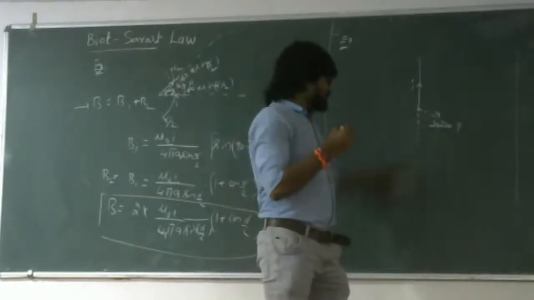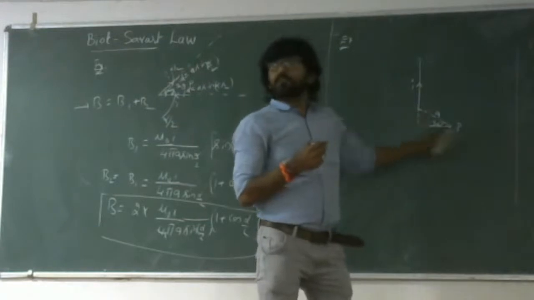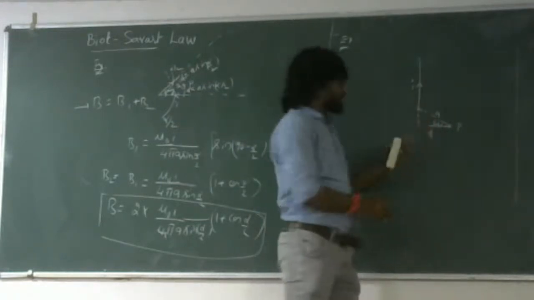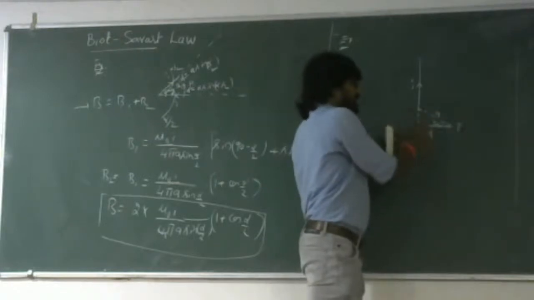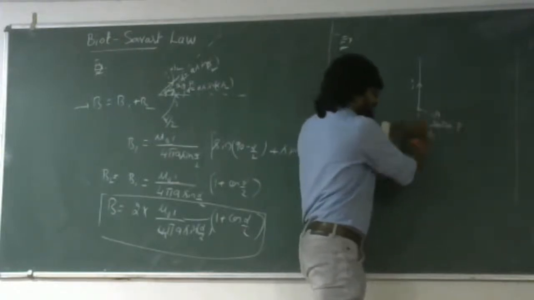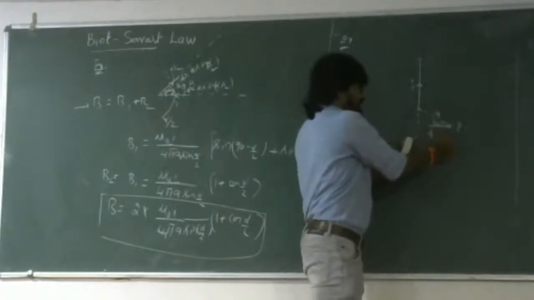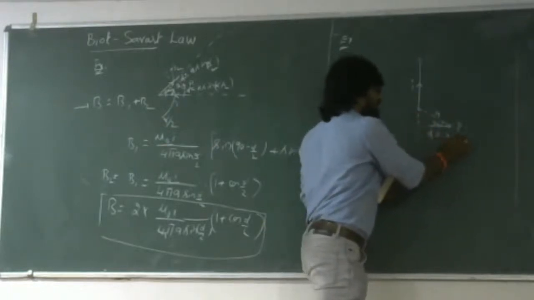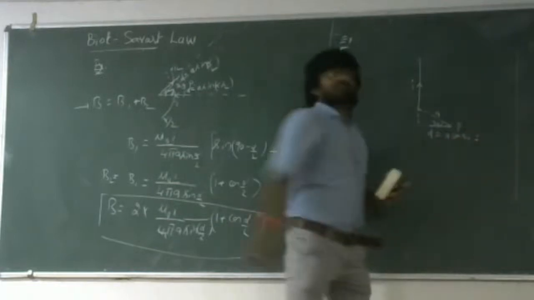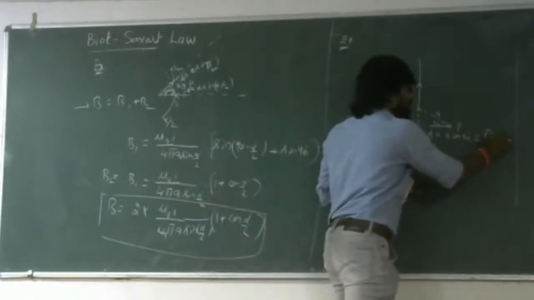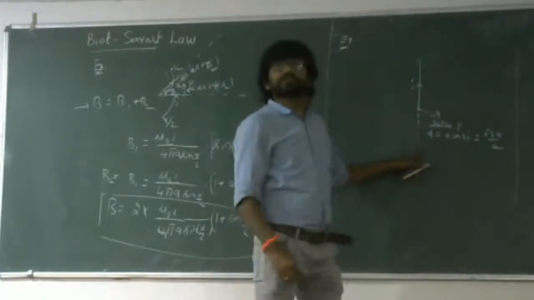Now this distance is nothing but our d. So A is given, and A is making an angle theta with the perpendicular line. So you can take this as A cos 30. What is cos 30 value? Root 3 by 2. So it is root 3 A by 2 is D.